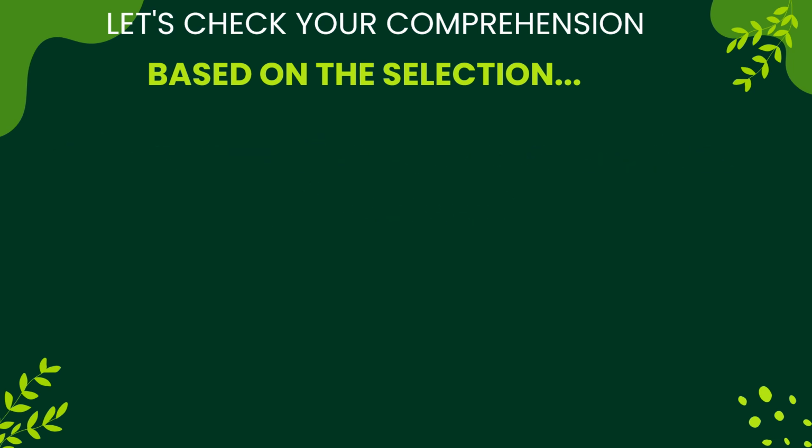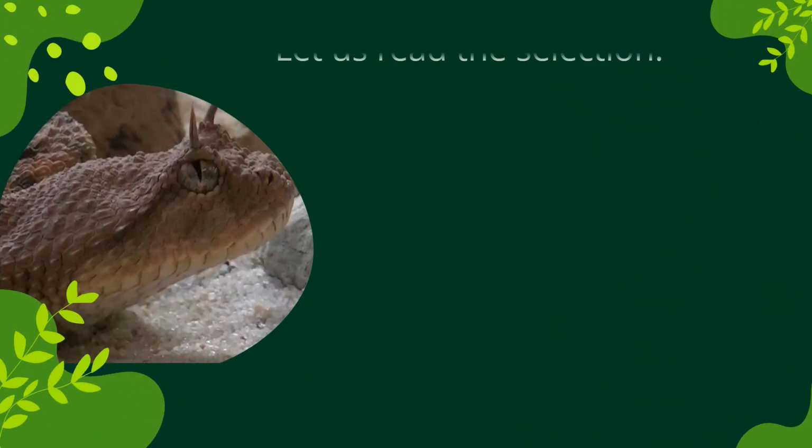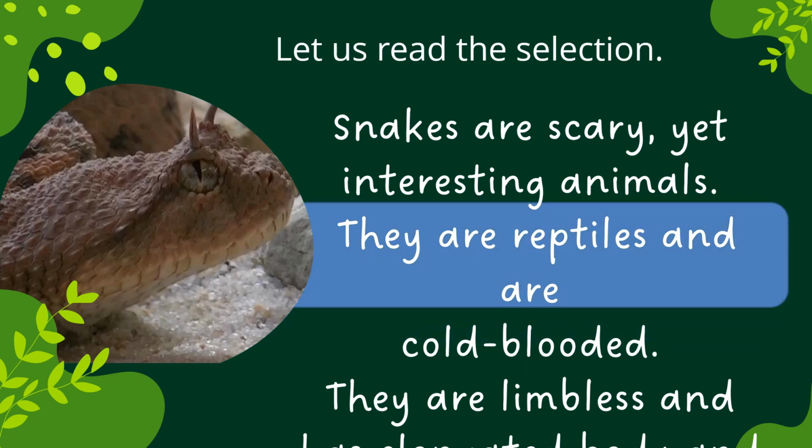Now, look back at the text that we have read a while ago. Because with informational text, we said we can get information from the text that you have read. Based on this part of the selection, can you give me a characteristic of a snake? Very good.